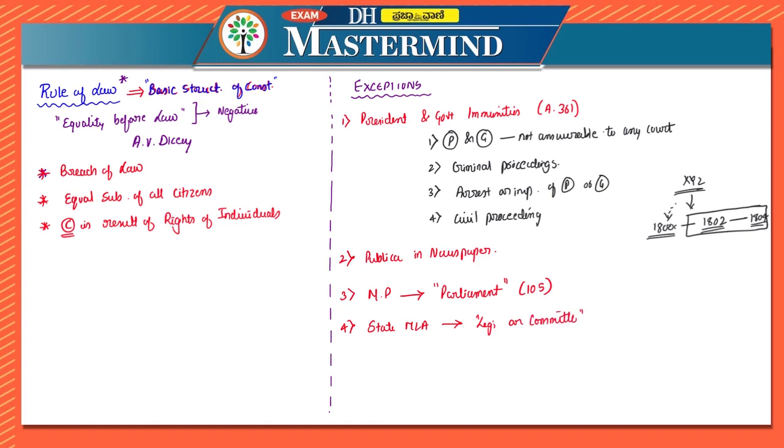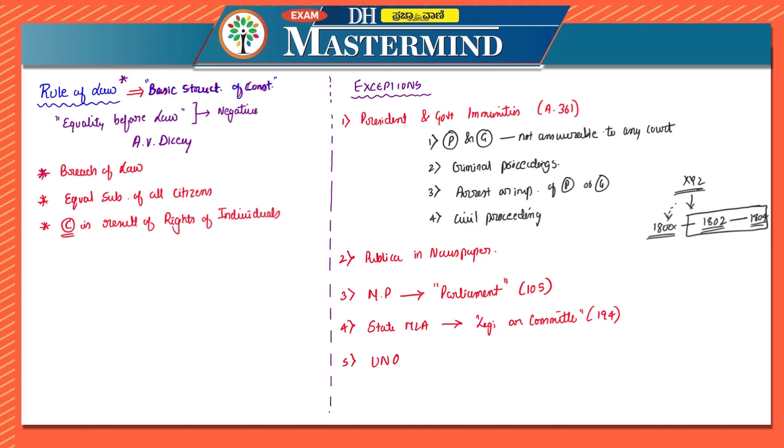That cannot be questioned. Article 194. Next exception is that foreign sovereigns or rulers enjoy immunity from criminal and civil proceedings, and also the United Nations organization and its agencies enjoy diplomatic immunity. So these exceptions are also very important for us to remember.